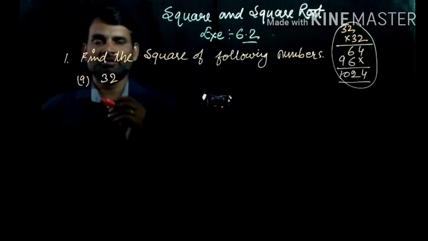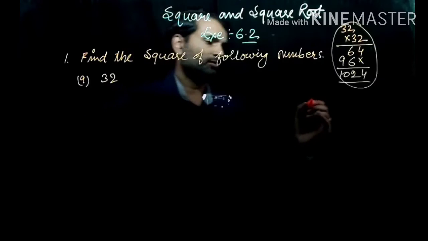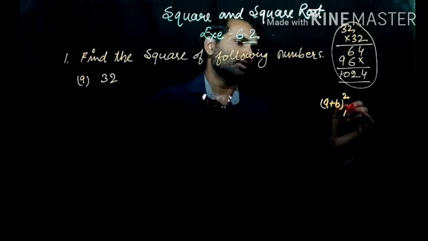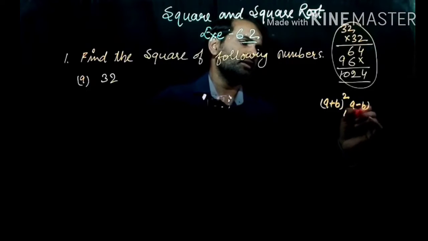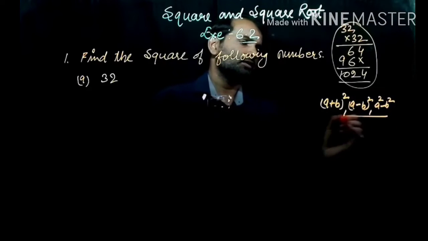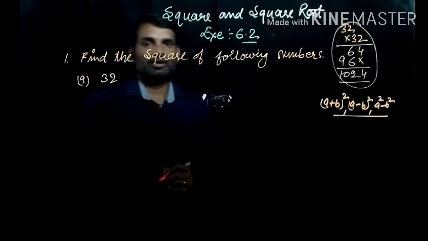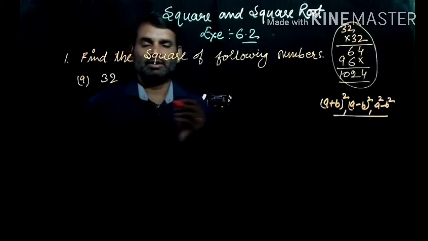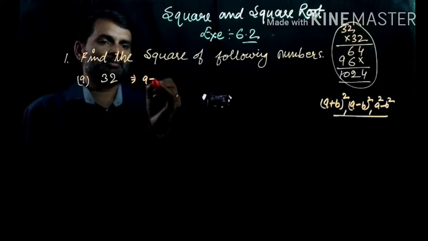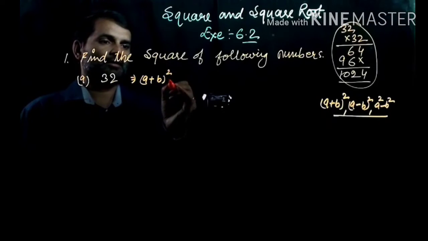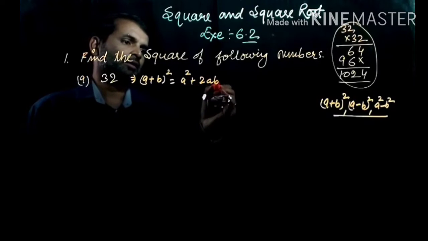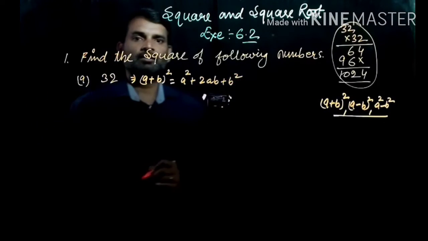There are three algebraic identities: first (a plus b) whole square, (a minus b) whole square, and a square minus b square. Here we use the first identity: (a plus b) whole square is equal to a square plus 2ab plus b square.